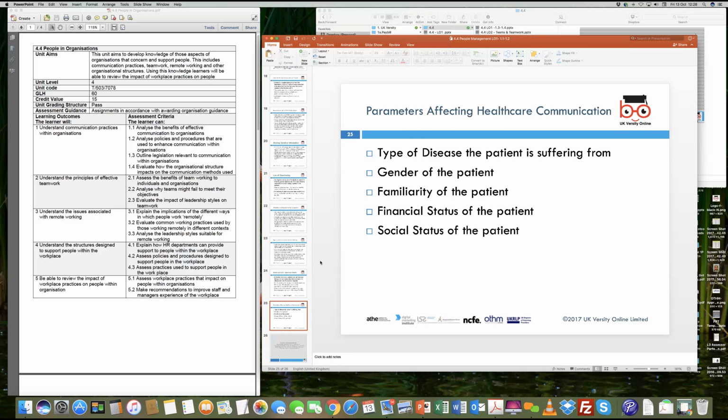And in general, when you look at the other parameters which affect communication within this sector, sometimes the type of disease or the severity of the problem also becomes a barrier, and that could affect the way communication is done, right?